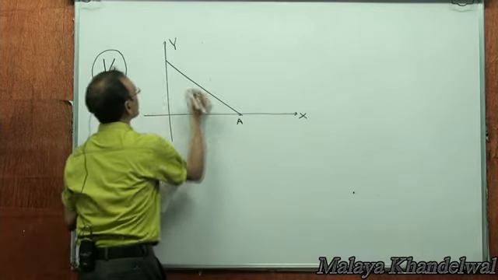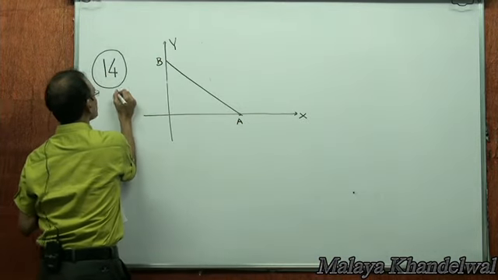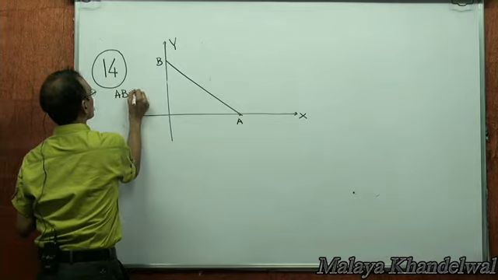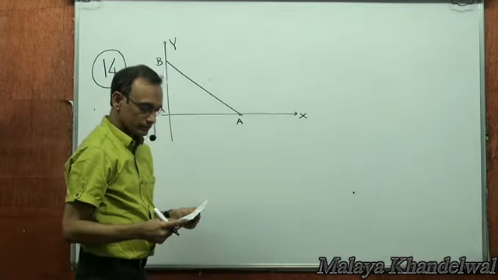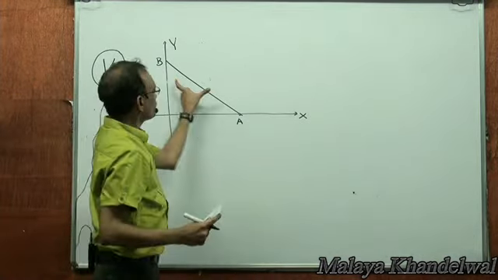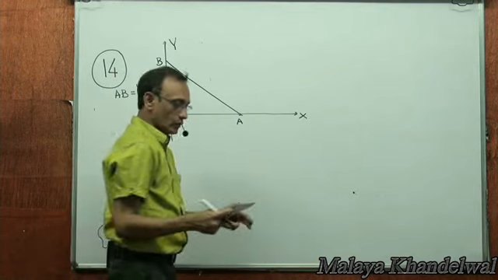Say AB. AB is K units and it slides in a vertical plane. That means A and B would occupy different positions along the X and the Y axis.